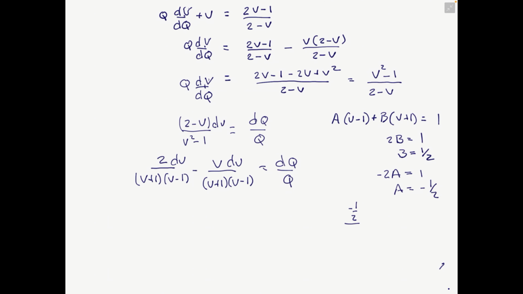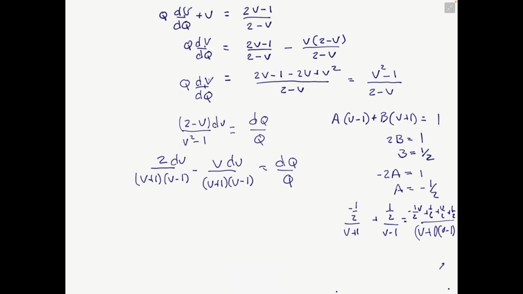And let's see, minus 1/2 over (v plus 1) plus 1/2 over (v minus 1), that's equal to minus 1/2 (v minus 1) plus 1/2 (v plus 1)... and that works. So we got that to work.